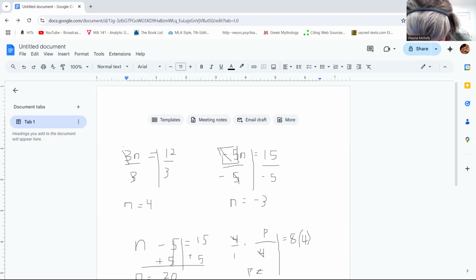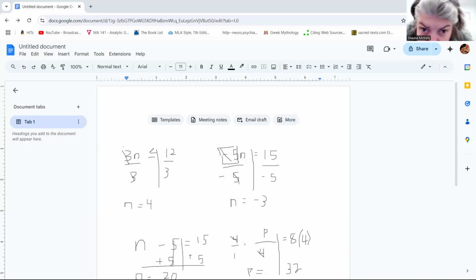Okay, now what I've done in these first few examples is show you one-step equations where you were looking at one operation and we were undoing one operation. Equations can get much more complicated than this. They can have 2 steps, they can have 3 steps, you can have a whole bunch of operations that you're trying to get rid of.